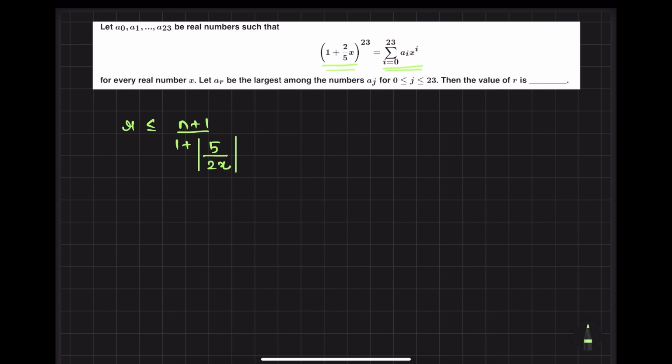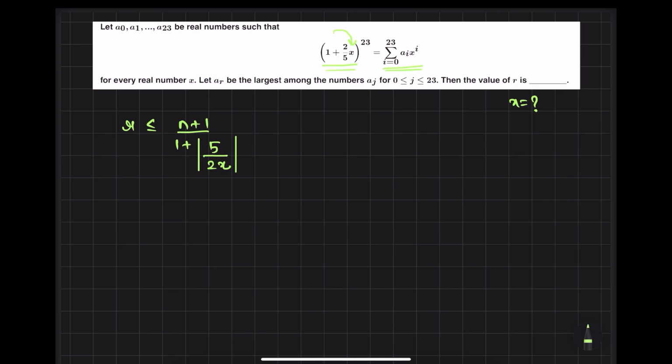Now they did not write any value for x, correct? So what I will do, they are interested in finding the largest term. So largest term means what? x is not going to play any role, meaning the coefficient. Here they did not provide you any value of x.